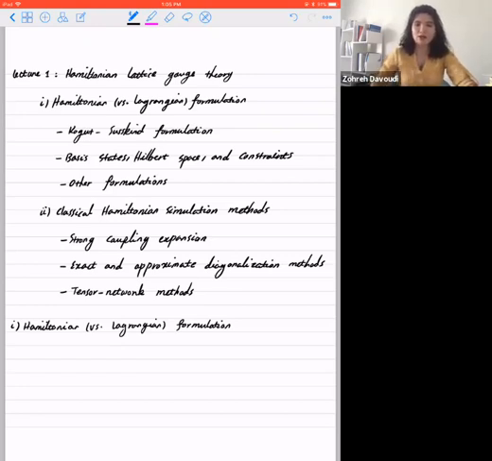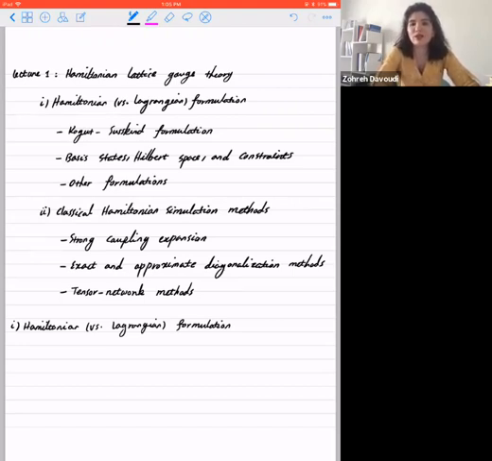So why do we like to do Hamiltonian formulation? Well, as I said, it's a natural language for quantum simulation. Traditionally, we are used to think about Lagrangian and path integral formulation to perform non-perturbative lattice gauge theory simulations, and it is important to understand how they compare. And with that regard, I'm going to build a table here.